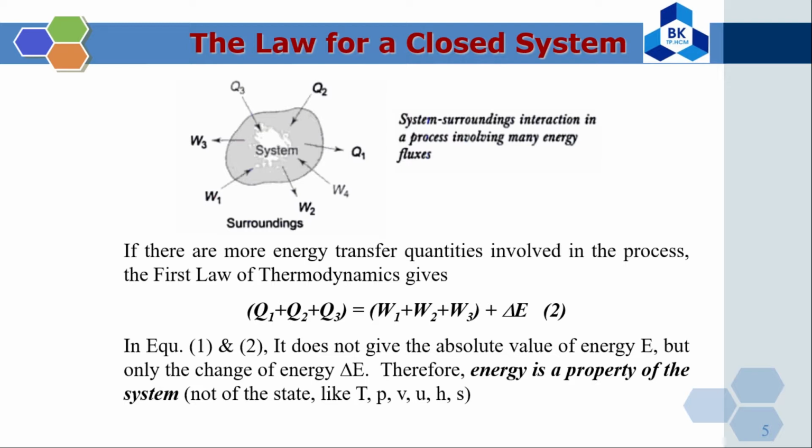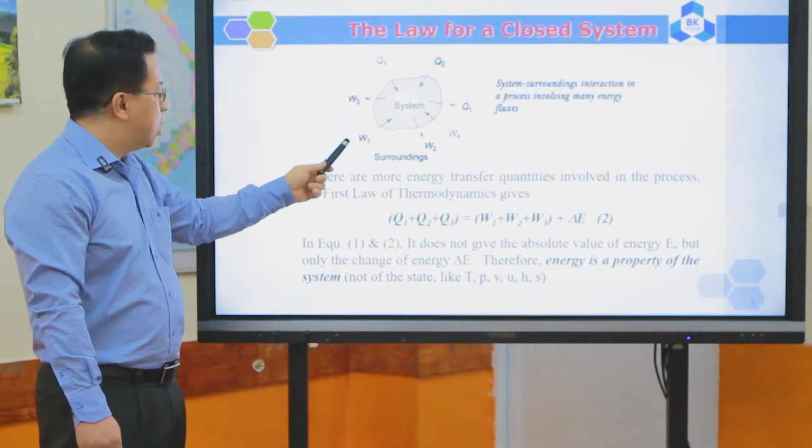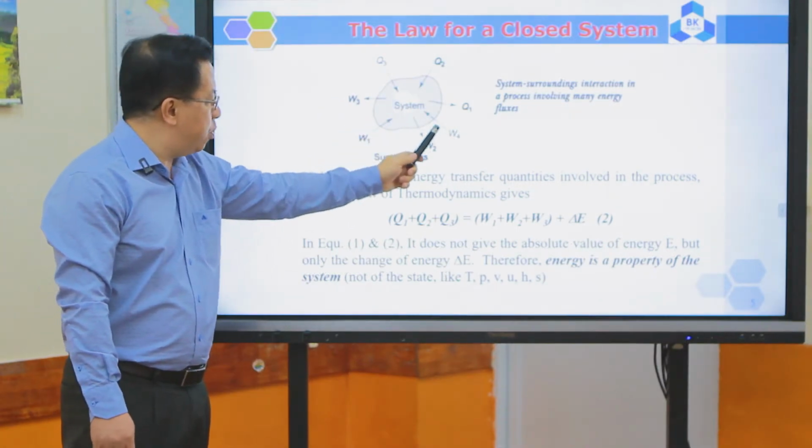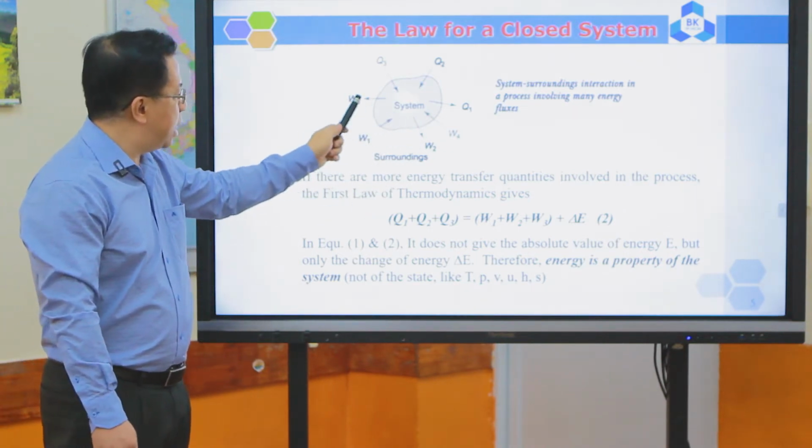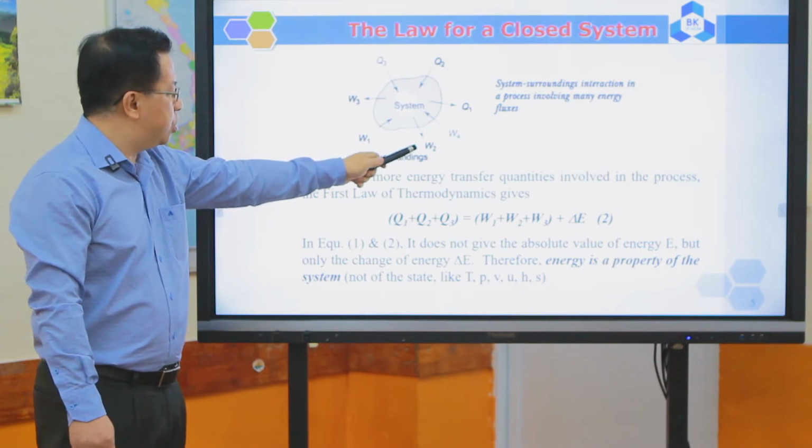Maybe Q2 and Q3 are heat received, and Q1 is heat released. Similarly, for the work, W1 and W4 are the work received, and W3 and W2 are the work produced.